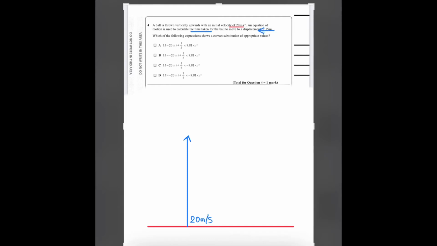So 15 meters is, for example, this. So the ball is initially directed upwards at 20 meters per second, and when it is at the topmost point, the displacement from the ground is 15 meters.